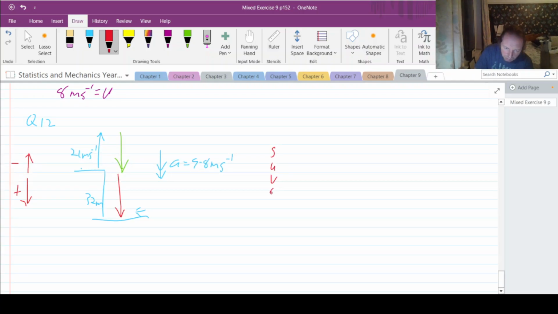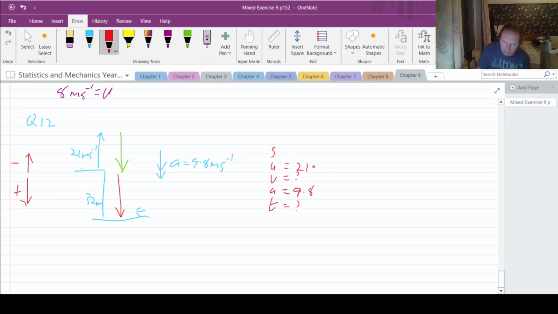Our acceleration is 9.8 as said because of gravity. I don't know my time. My final velocity I don't know. My initial velocity I do know.